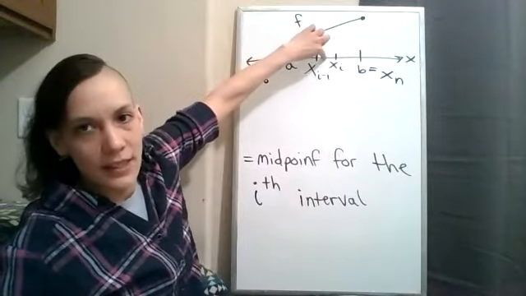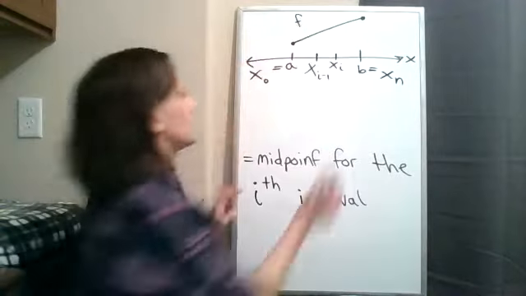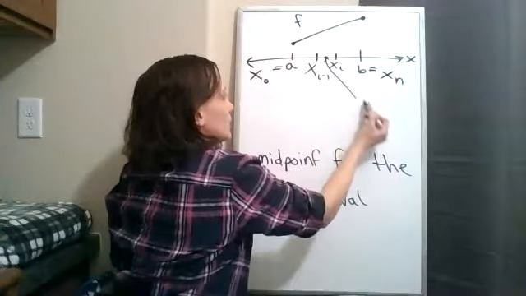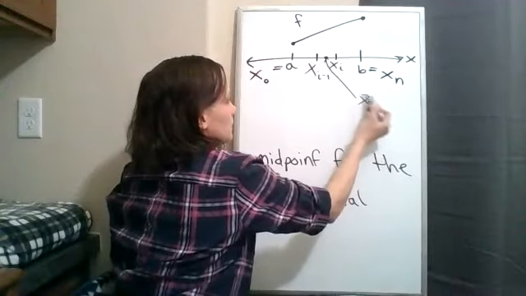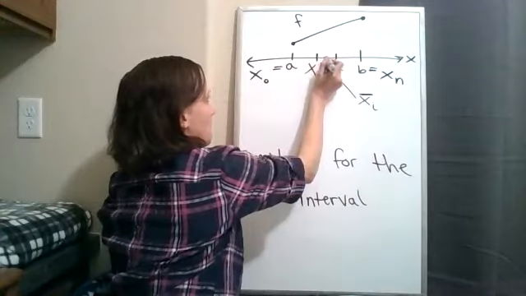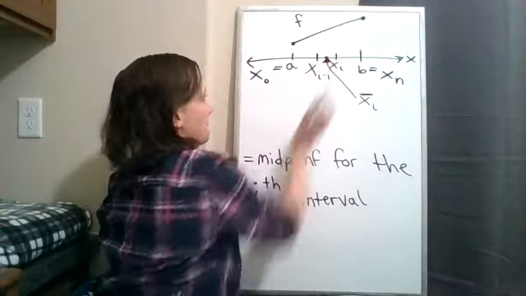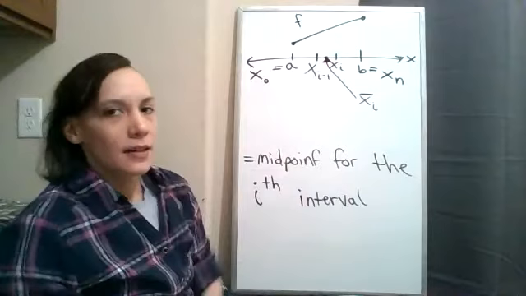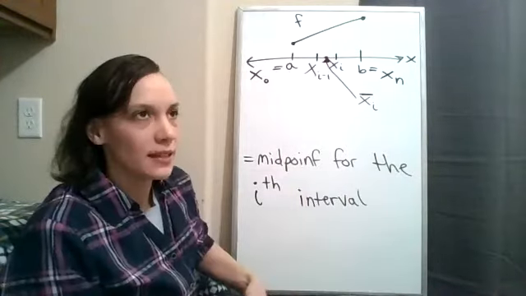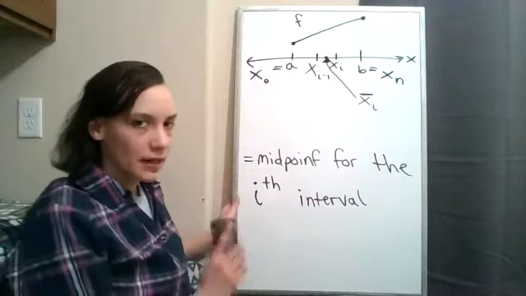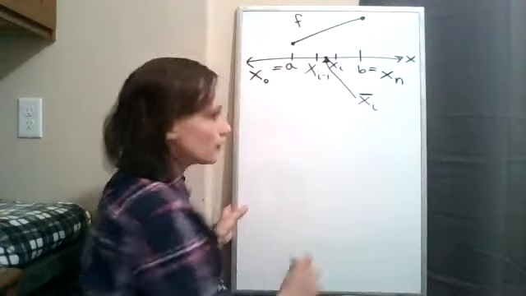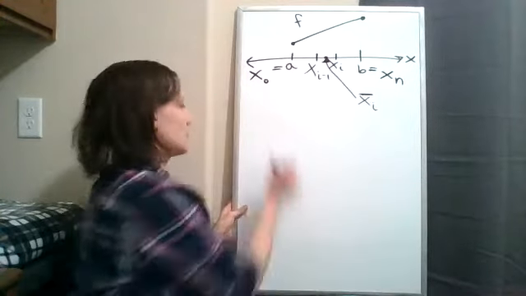Right there is x sub i bar. Got kind of messy. Okay. Steps for approximating the area under a curve using the midpoint rule.